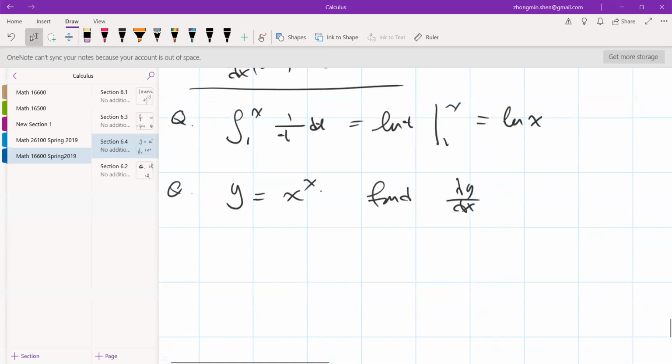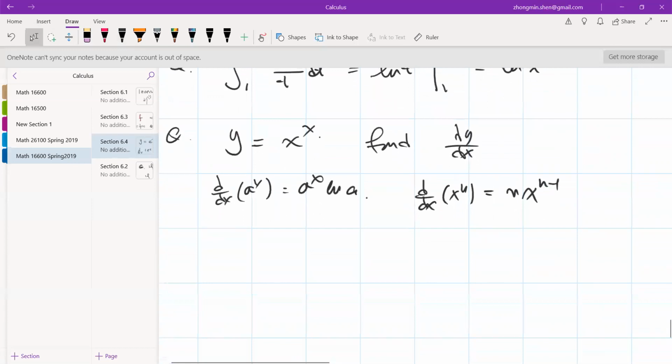The formula we have here is going to be, right? We also have the formula x to the n equals n times x to the n minus 1. We cannot use any of these formulas directly. Okay, so I'm going to show you a couple ways to do it.